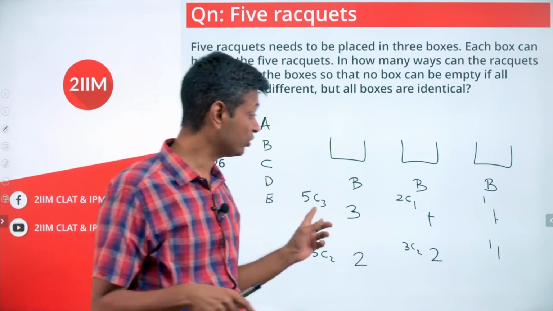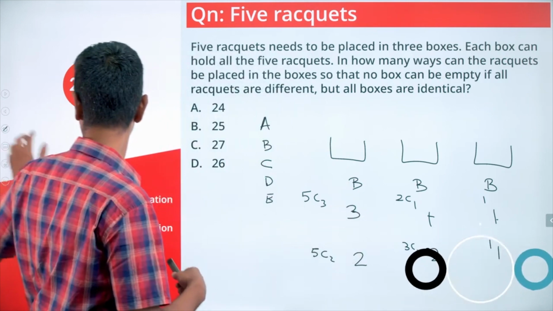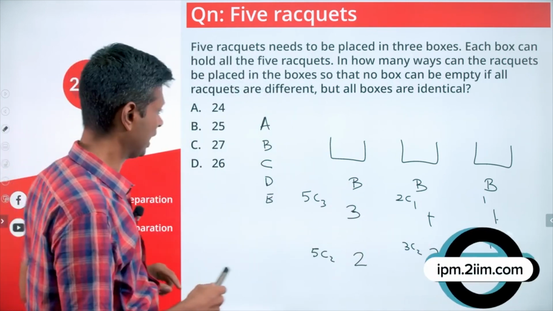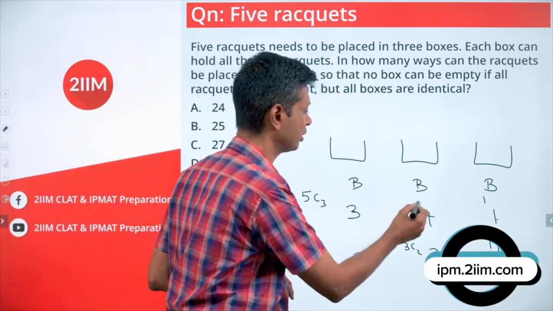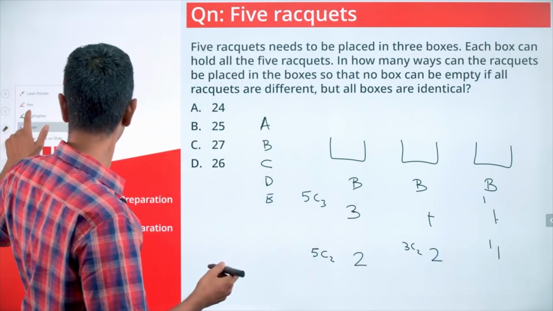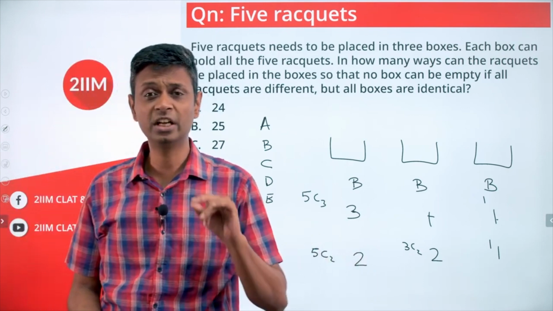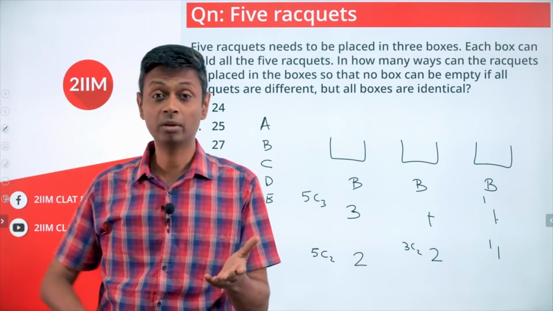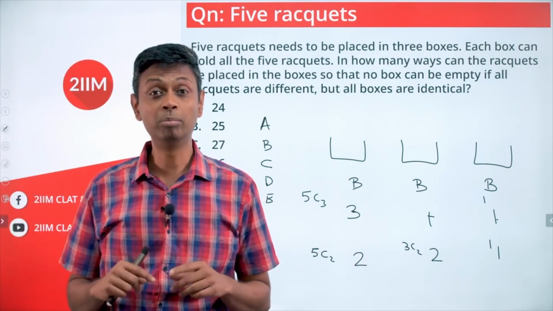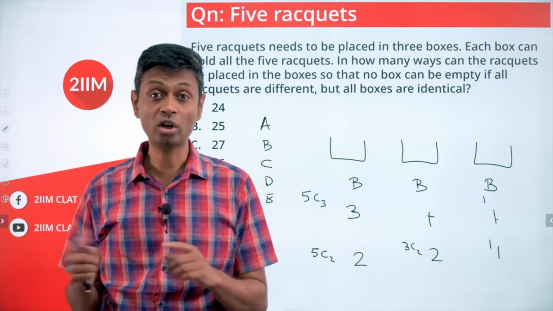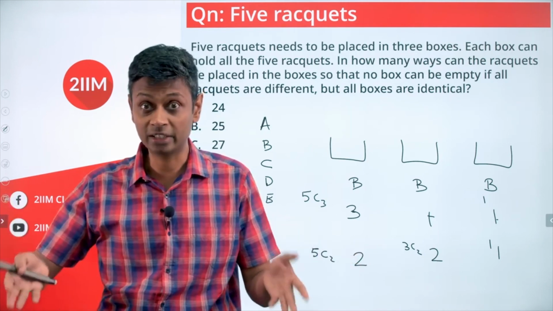So it is not 5C3 into 2C1. Think about it. It's a beautiful, beautiful catch. It is only 5C3. The moment I've selected 3 out of 5, I'm done. I'm going to put C, D, and E into one box. A goes into the second, B goes into the third. Whether B goes into the second, A goes into the third, or the other way around, doesn't matter. The boxes are identical.